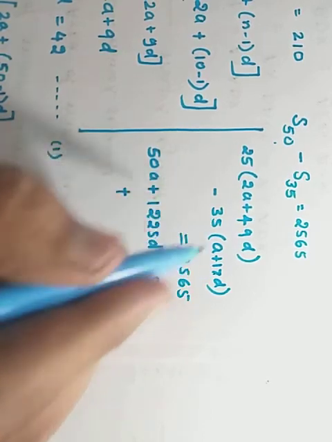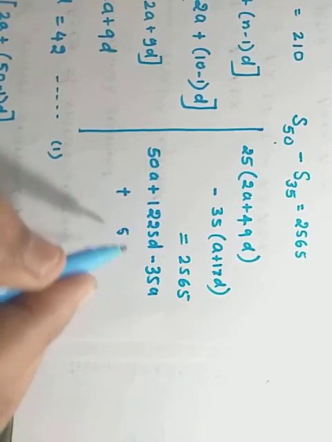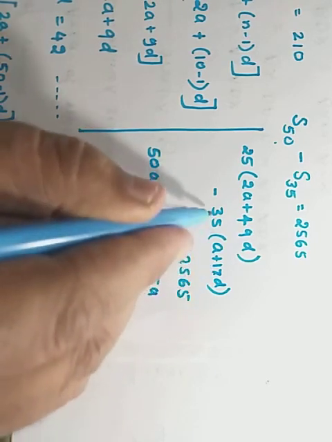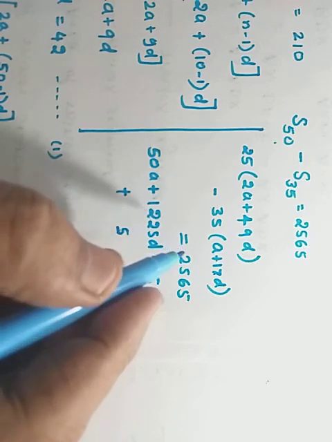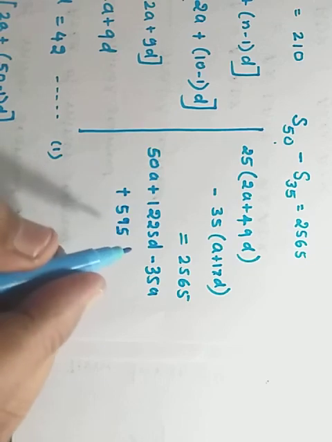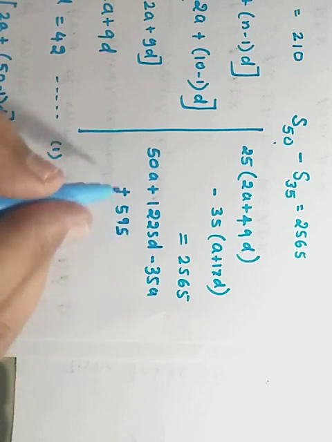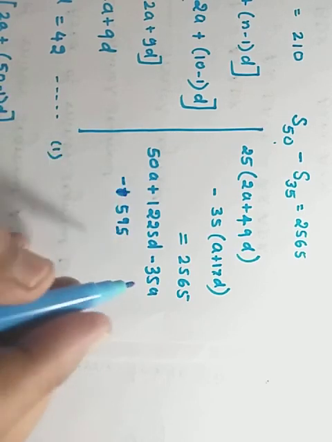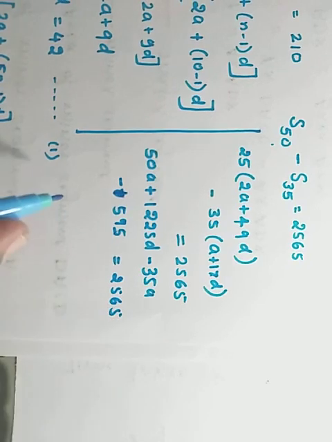Now 17 fives are 85 and 17 threes are 51. 51 plus 8 is 59. But because it is minus into plus here, therefore we will take it to be minus. That is equal to 2565. 50a minus 35a becomes 15a.